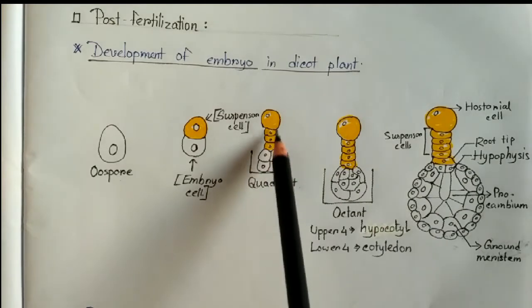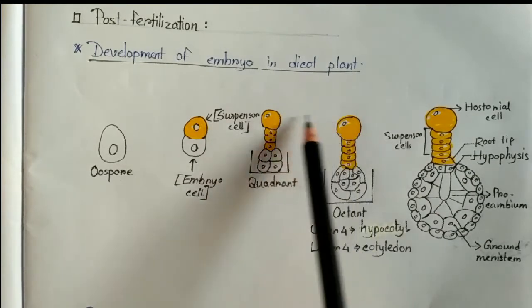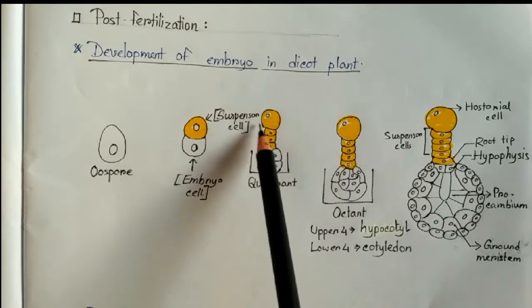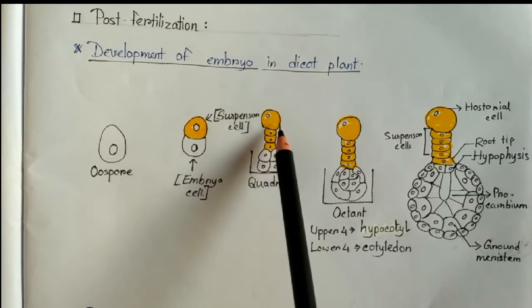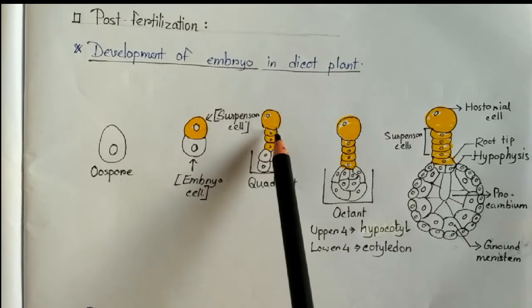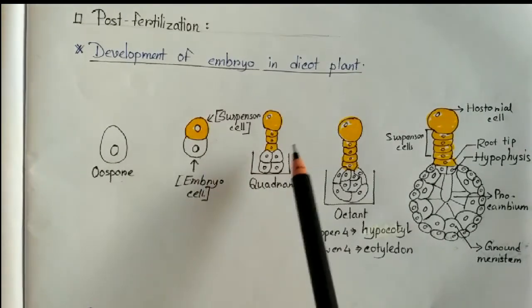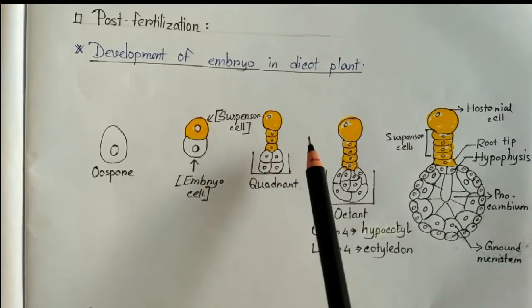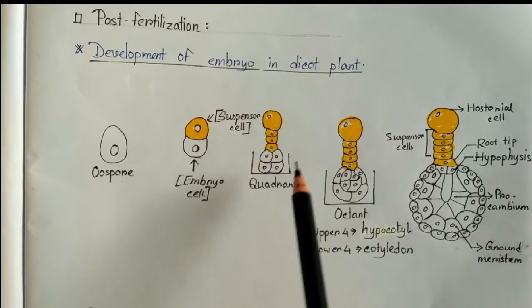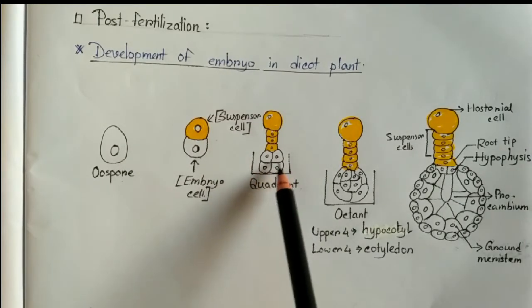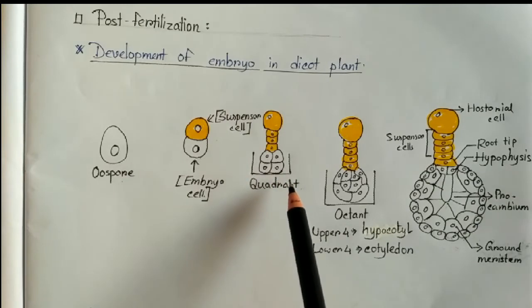Then the suspensor cells, the upper part, are known as haustorial cells. They help in sucking the nutritious juice from the ovary portion, and the embryo cells go on to further division.